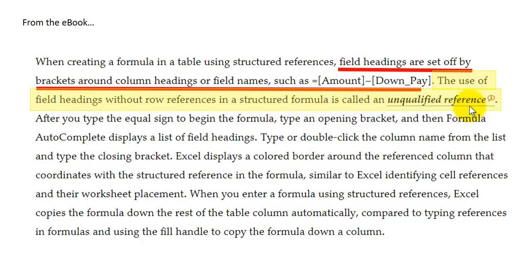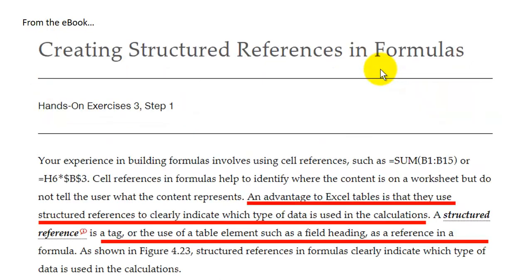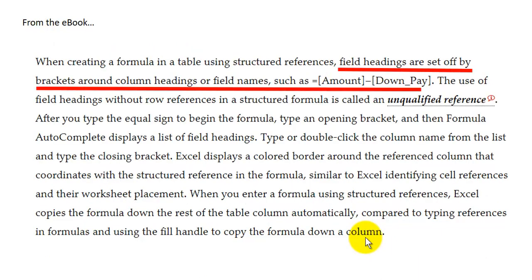Now let's just think about this for a minute. The use of field headings, and we're good with that, right? We've already learned that when we use field headings, that's a structured reference, is simply using a field heading. But now we're continuing, we're building on that knowledge. The use of field headings without the row.